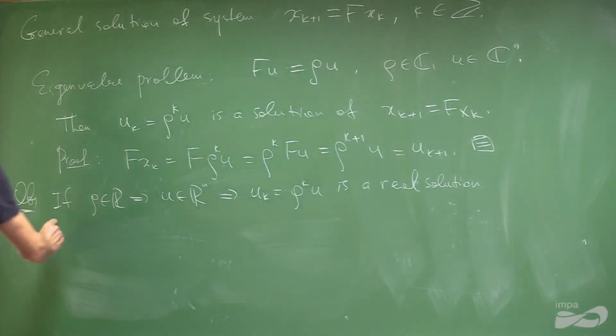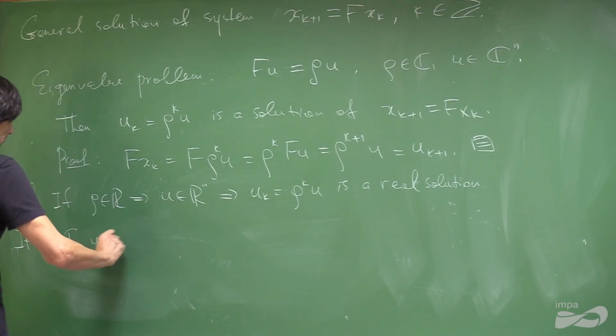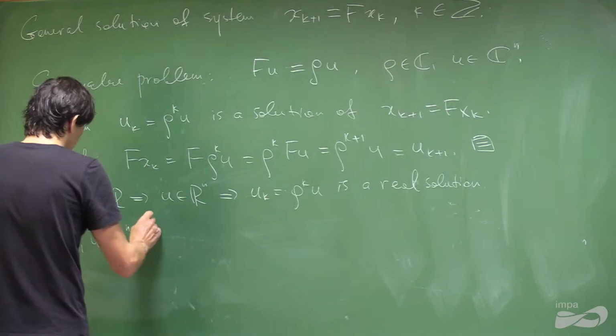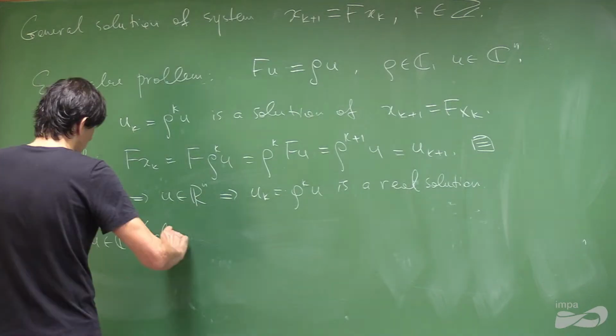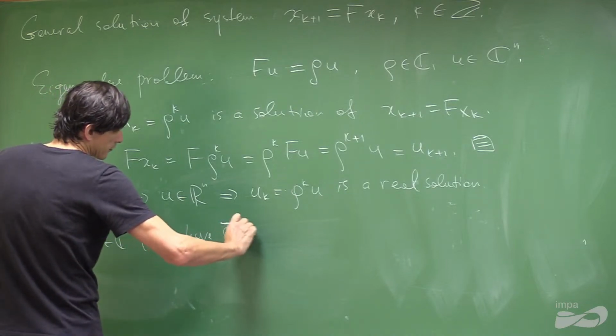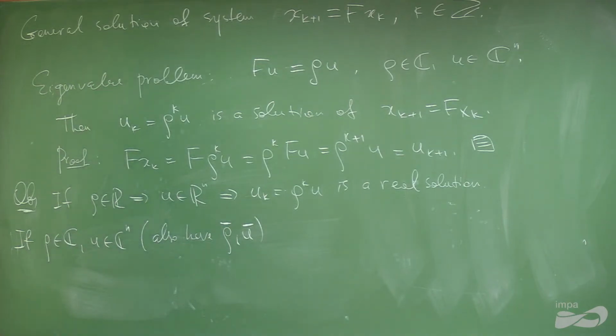Now, if rho is complex, then also u is complex. In that case, you also have eigenvalues which are complex conjugated, right? So there is a pair of complex conjugated eigenvalues and eigenvectors.